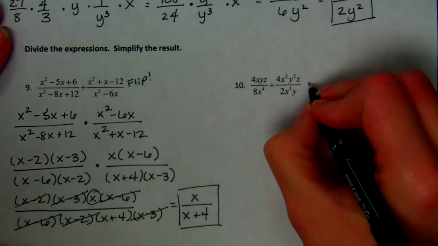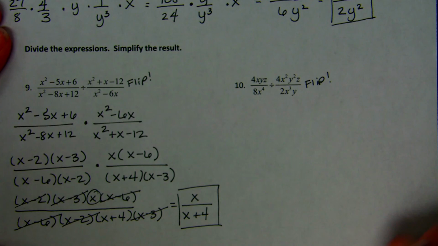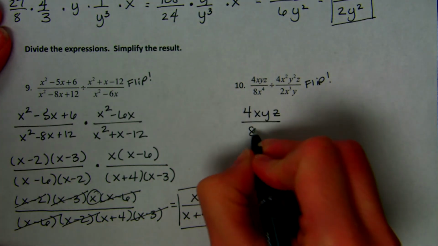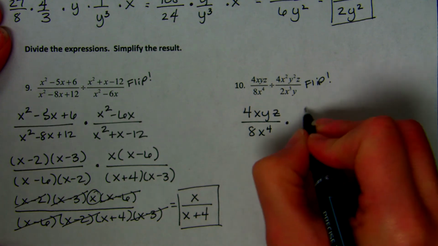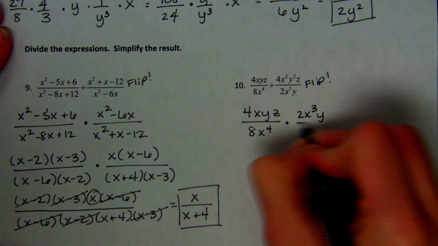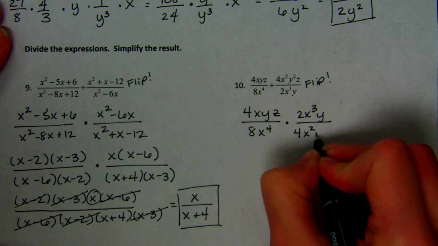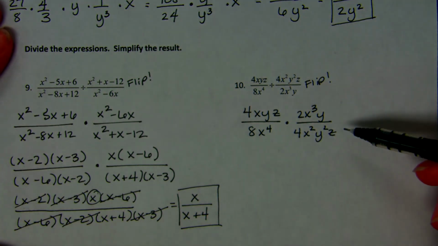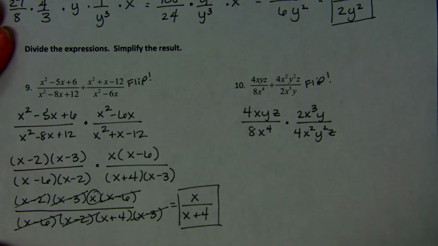Remember that you flip the second one and multiply. So 4xyz over 8x to the 4th, times 2x cubed y over 4x squared y squared z. I flip the second fraction, and now I'm multiplying, right? Dividing by fractions is easy as pie. Flip the second and multiply.